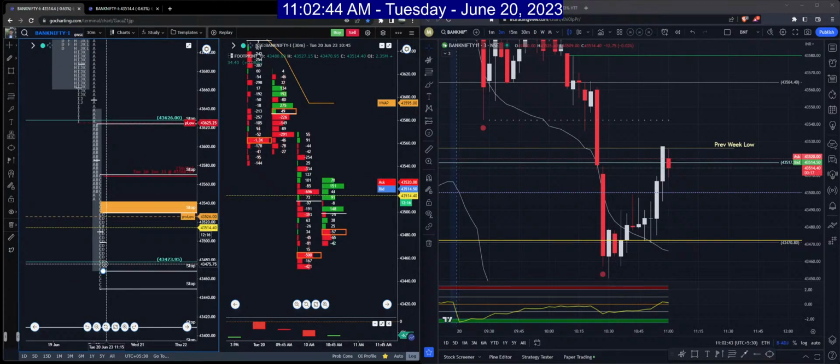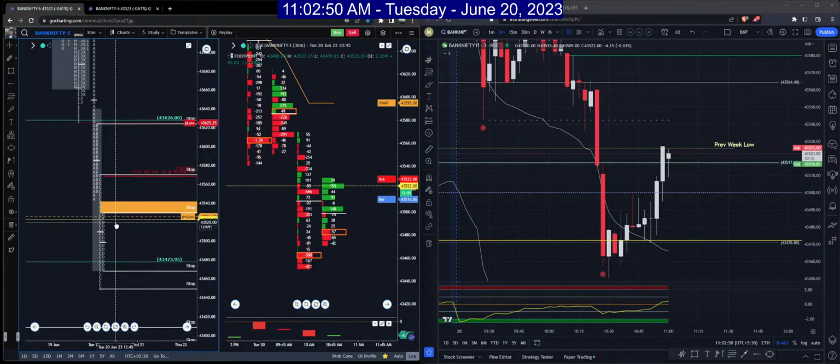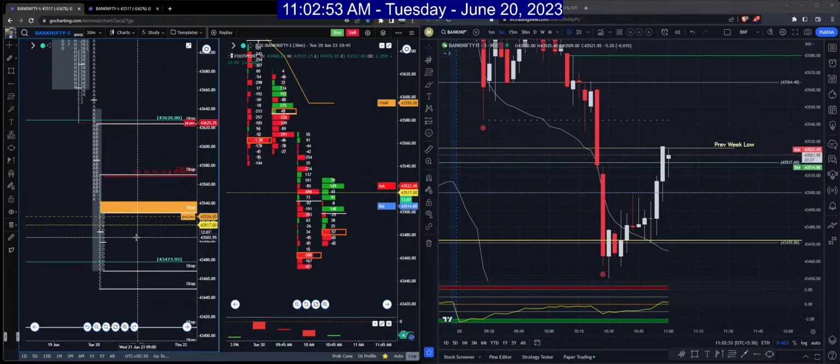So positionally, there are positions created by selling puts below 43,473 levels, and now I'm expecting this single print to be getting repaired.